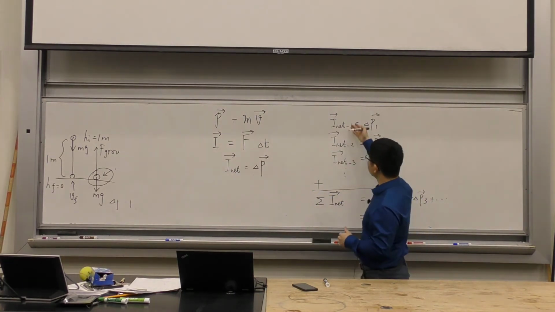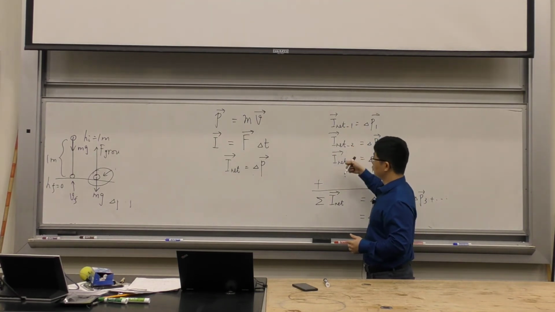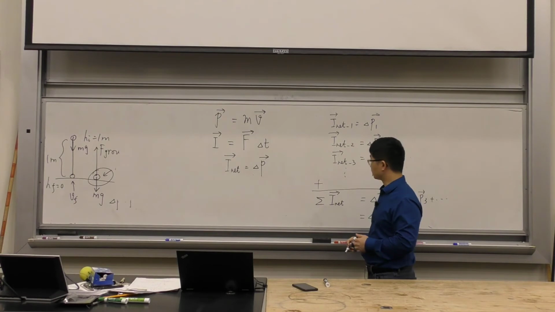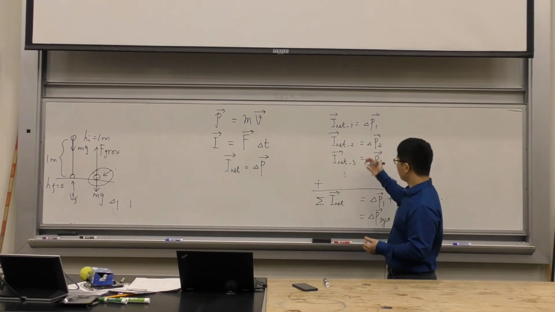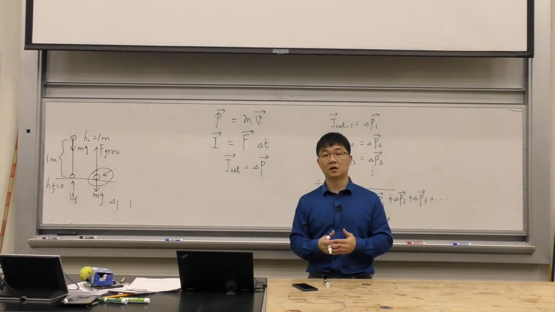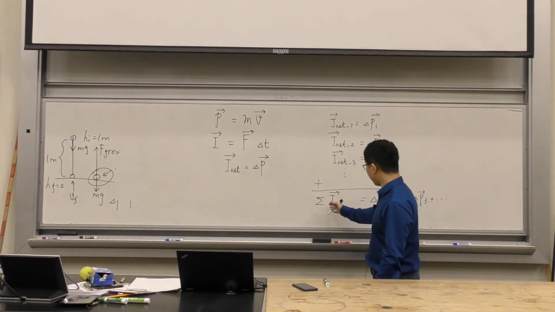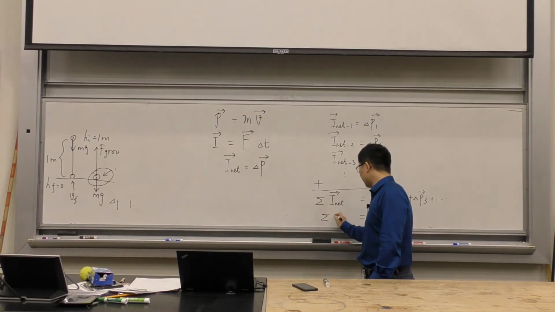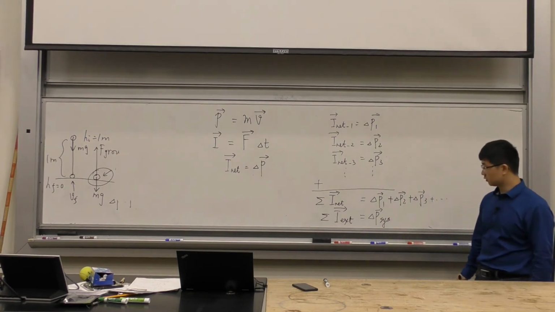So all the impulses between these objects, 1 on 2, 2 on 1, equal and opposite, 2 on 3, 3 on 2, equal and opposite, they're going to cancel out exactly. So if you add these impulses together, you only get the impulse from the outside. So you will still get an external impulse, right?